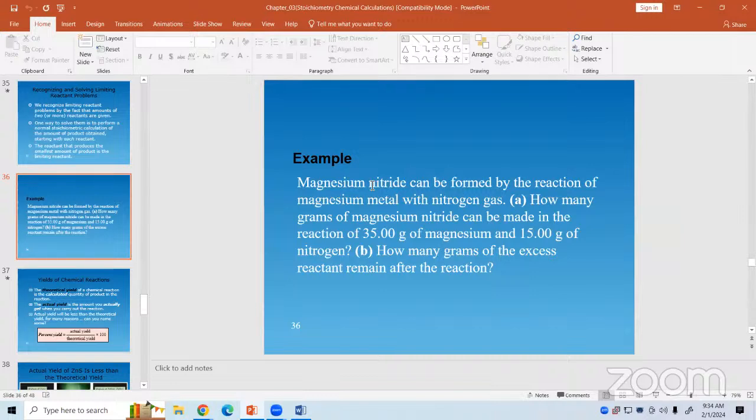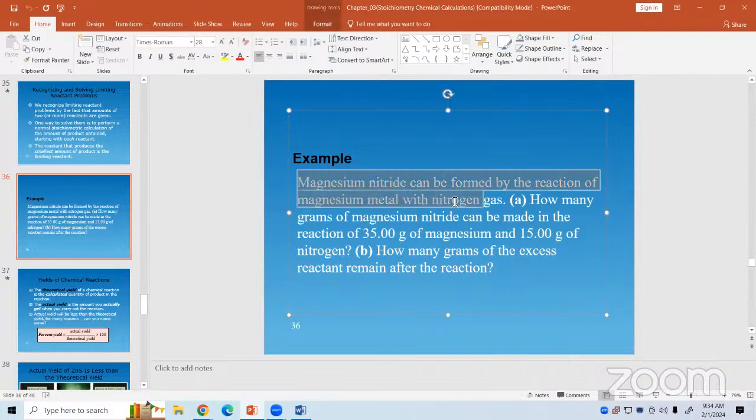So based on the information provided, what would be the reactants? Well, the clue comes from the first statement right here.